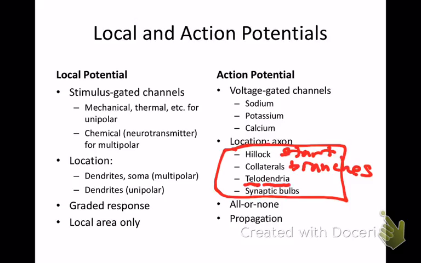What did I tell you dendry meant? Same word root as dendrite. It's little branches. But telo, T-E-L-O, is the same word root as in telophase, which was the last stage of mitosis, right? So telo means end. So where do you look for branches? What are you going to call the branches at the end? That's the telodendria.